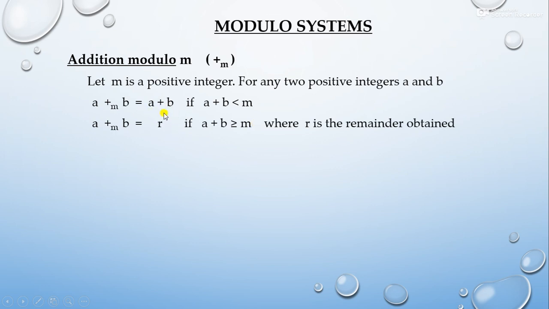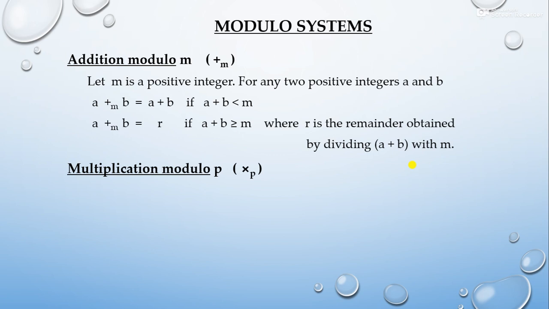Here r is the remainder obtained by dividing a plus b by m. So when we make the table, we add these two numbers. So our resulting number is a plus b if a plus b is less than m, and if a plus b is greater than or equal to m, then we write a plus b is equal to r, where r is the remainder obtained when dividing a plus b by m. When we do the example, it will become clear.